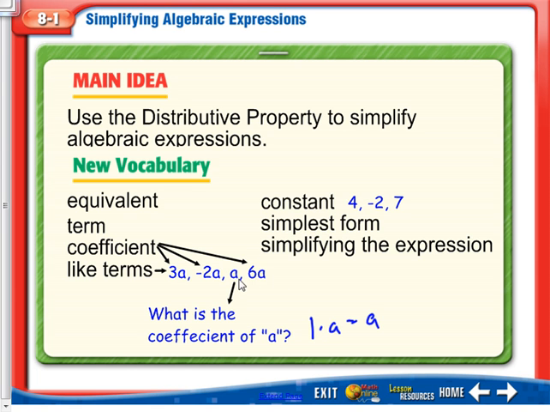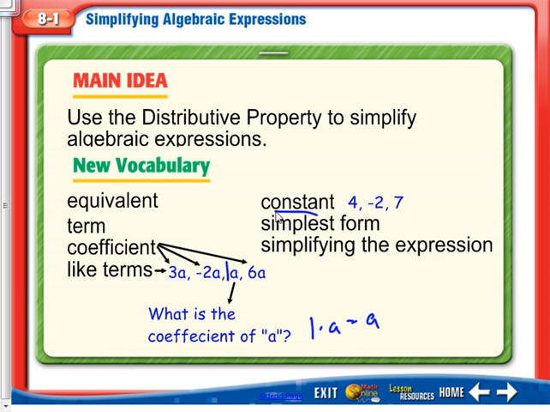So whenever you just see a, really it's a positive 1. Same thing if you have a negative a, that'd be like a negative 1a. To combine all of those, I would probably combine all my positives first: 1 plus 6 is 7, plus 3 is 10, and then 10 minus 2 is 8. So I would be left with 8a when I combined all of these like terms.